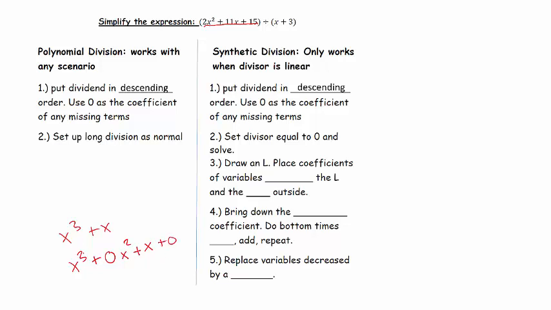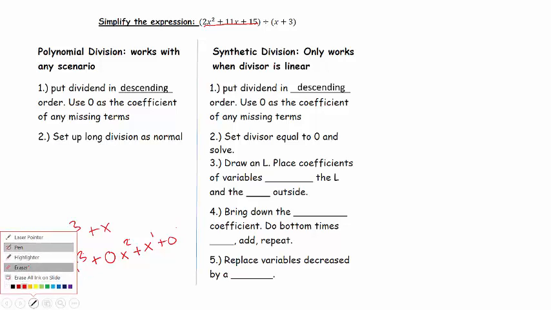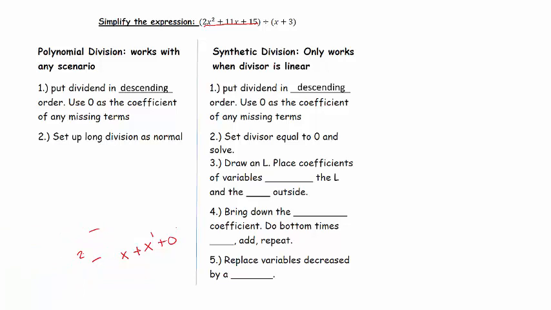My powers should go in descending order: 3, 2, 1, none. Filling in those zeros is really important to staying organized and avoiding mistakes. I don't have to worry about it with this one because I have degree 2 and then a 1 and then a none. So it's already in descending order. It won't always be like that.